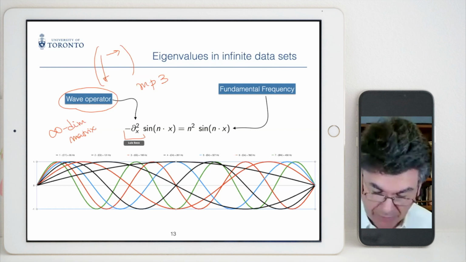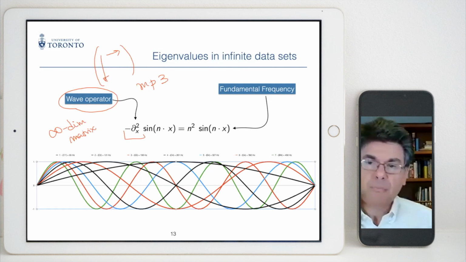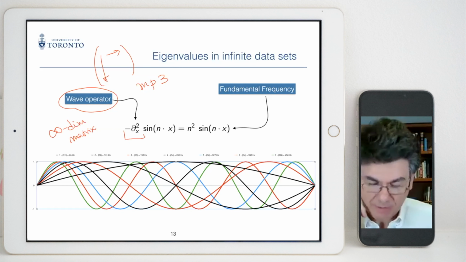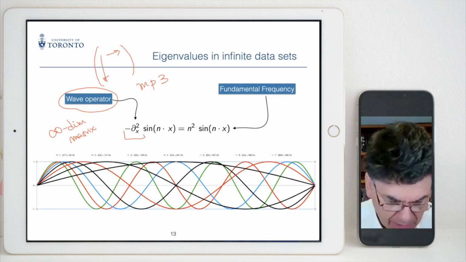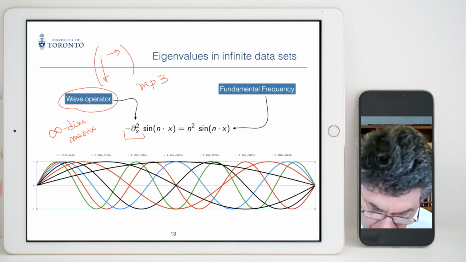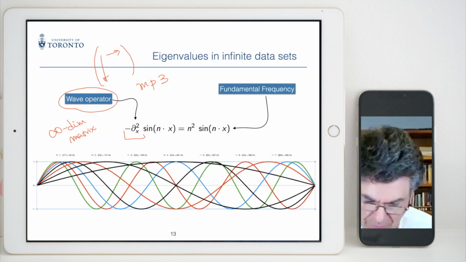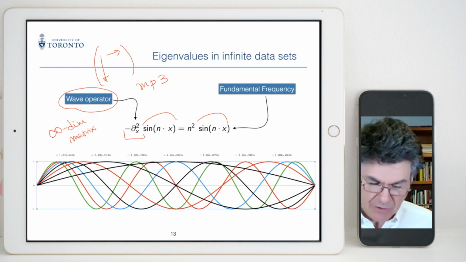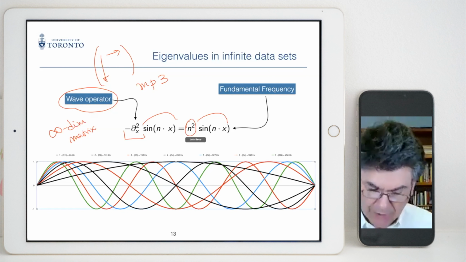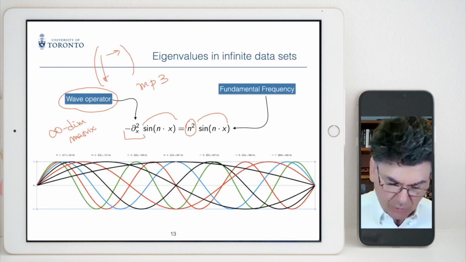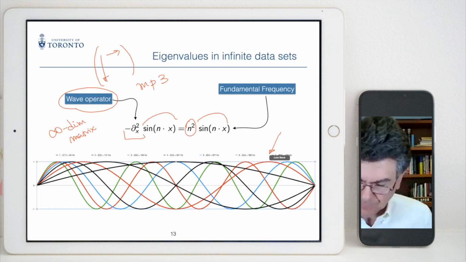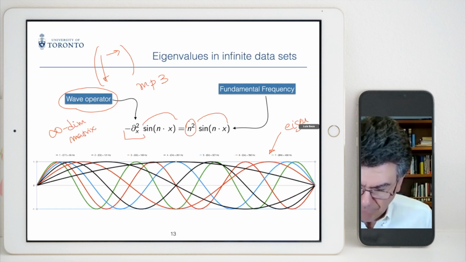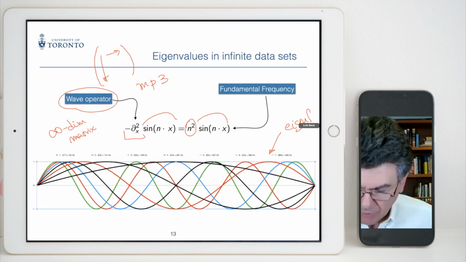It's the one that tells us how waves propagate, like sound waves, for example, or light waves. And this wave operator has very well known eigenvalues and eigenvectors, which in this case are the sine functions. The eigenvalue is n squared. And the sine functions are the ones that I have depicted here. These are the eigenvectors, although they're called eigenfunctions because they're also functions.